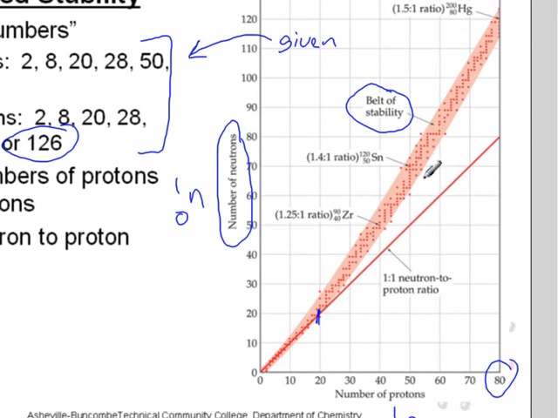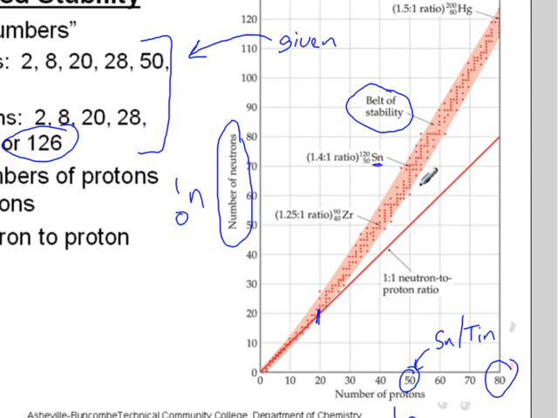Each one of these little dots represents a particular isotope for that element, which is determined by the number of protons here. So you can see atomic number 50, which is tin. Let's go and label that. Notice each little dot represents a fairly stable isotope.